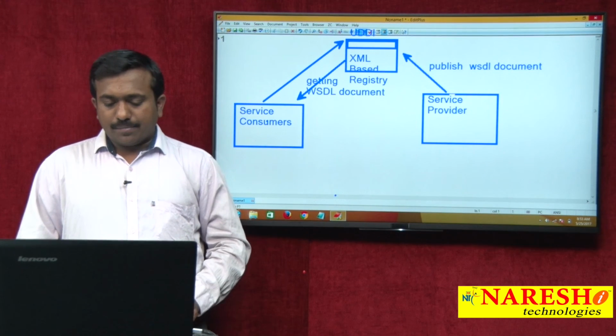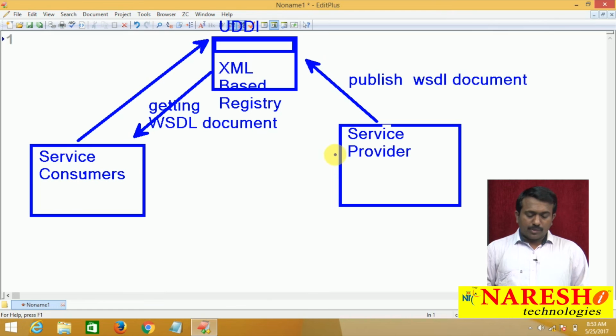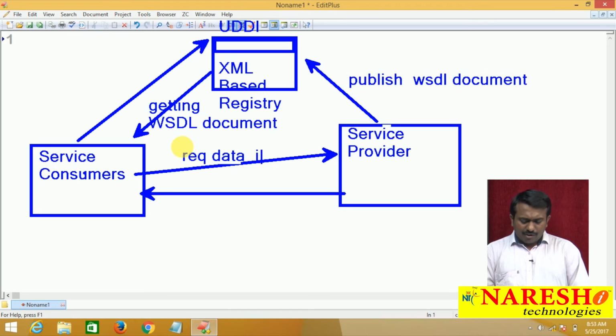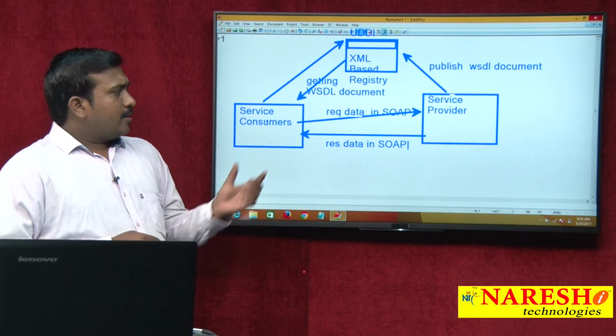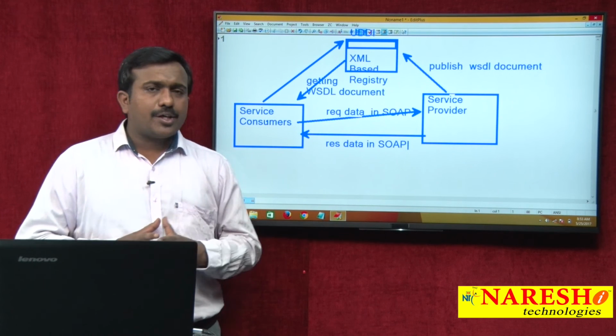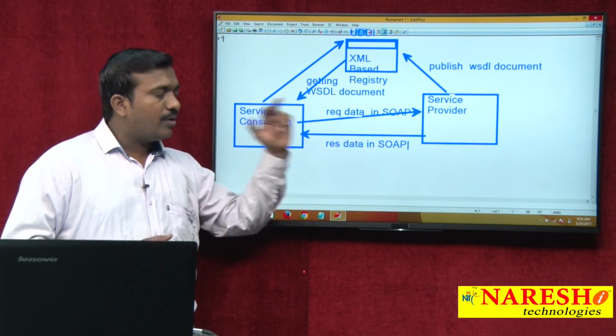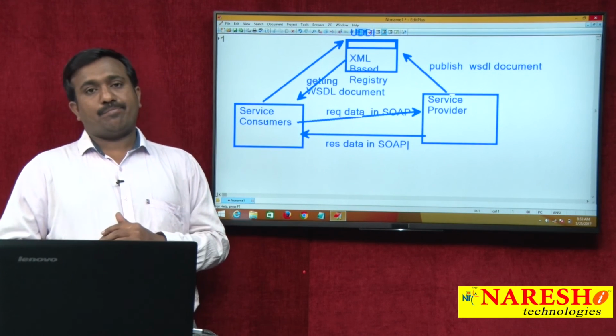By understanding that, the service consumer sends the request to the service provider. The service provider gives the response to the service consumer. The request data is sent in the form of SOAP. Response data is also given by the service provider in the form of SOAP. So between the service consumer application and the service provider, request and response are transferred in the form of SOAP only.